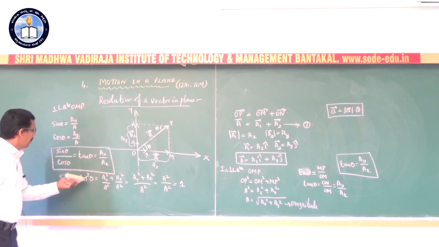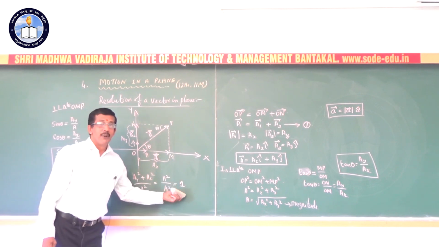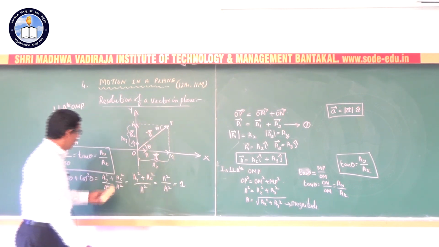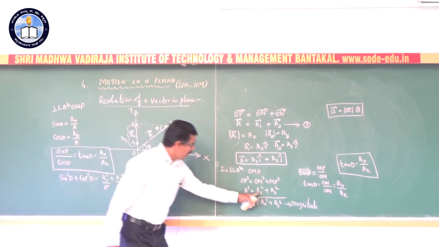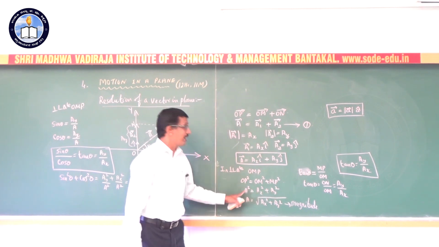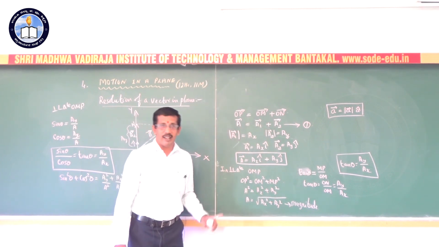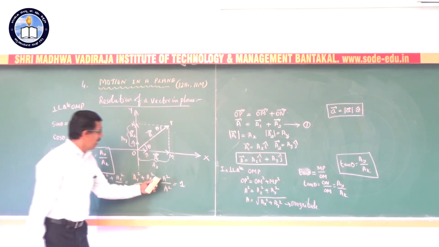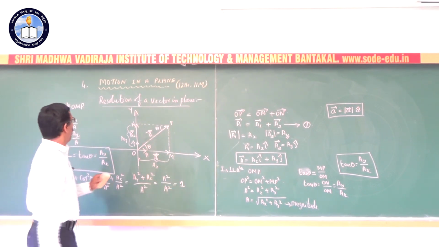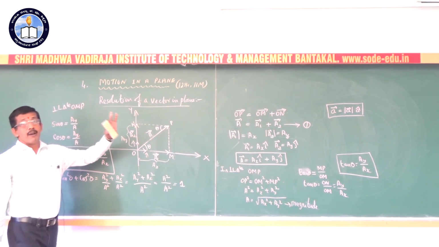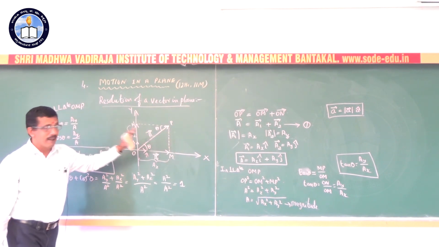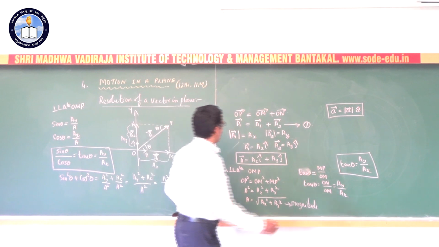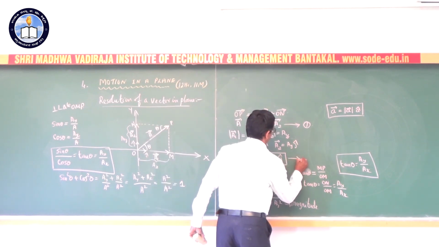Sin square theta plus cos square theta gives 1, because AX square plus AY square we already know is A square. So, in case of a vector in a plane, it is represented as this equation.